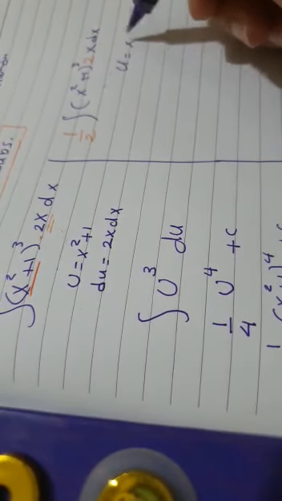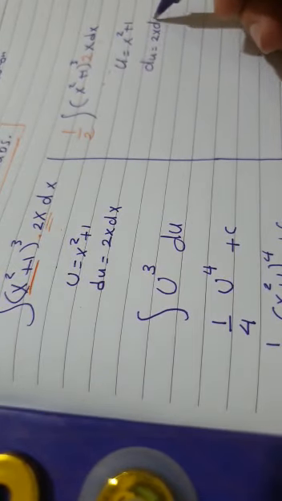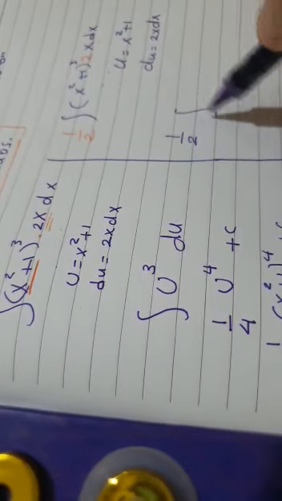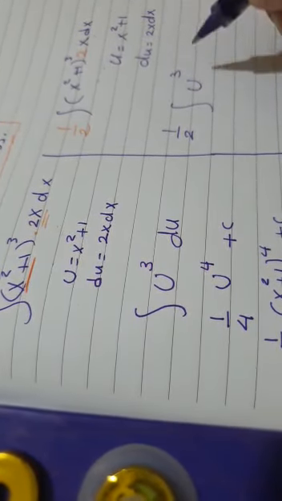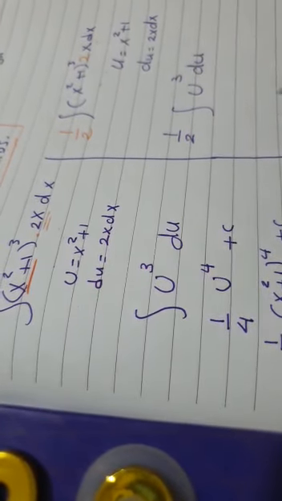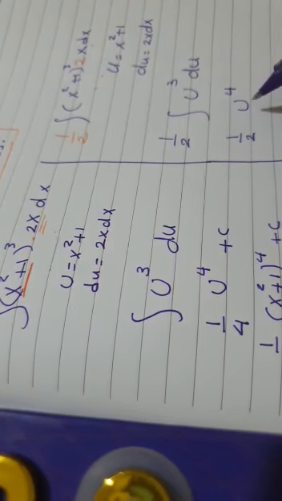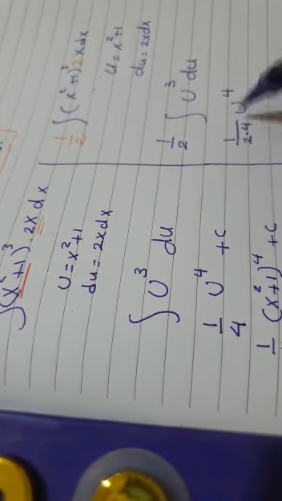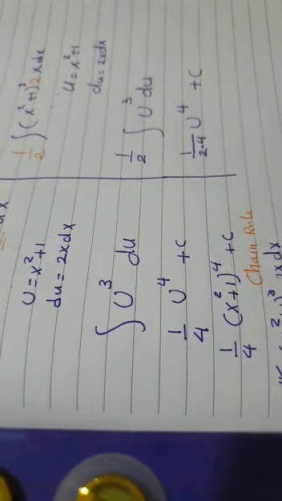We are going to do the same. u equals x squared plus 1, du equals 2x dx, and then substitute here. Don't forget 1/2, integration of u cubed times 2x dx, which is du, and then 1/2 u to the power 4 divided by the new power, using the integration power rule, plus c.